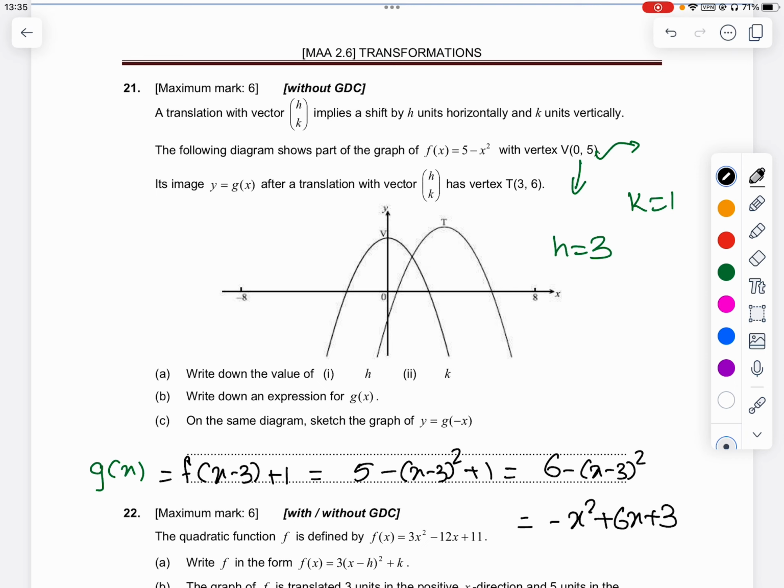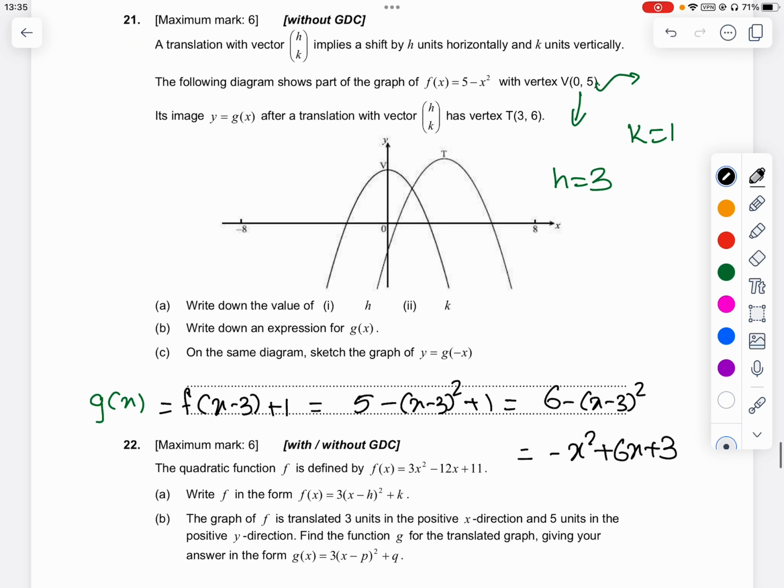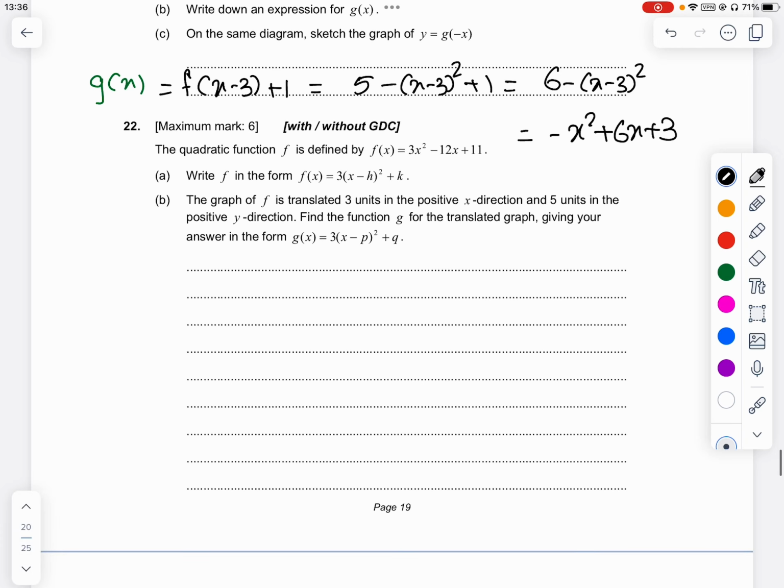On the same diagram, sketch the graph y = g(-x). g(-x) means reflection on the y-axis. So it should be in this way, approximately in this particular shape. Reflection on the y-axis: the left side graph becomes the right side graph, and the right side graph becomes the left side graph.